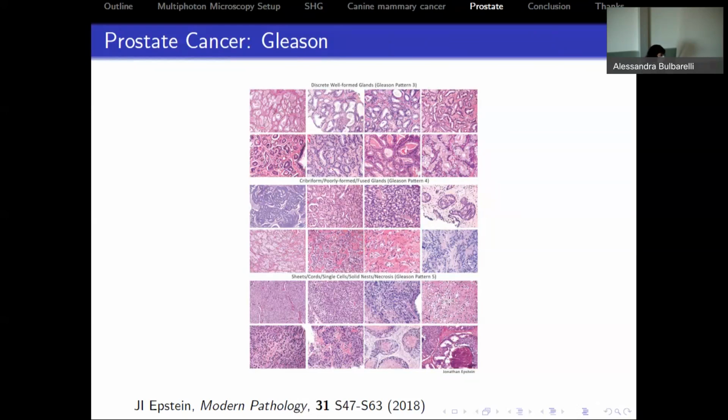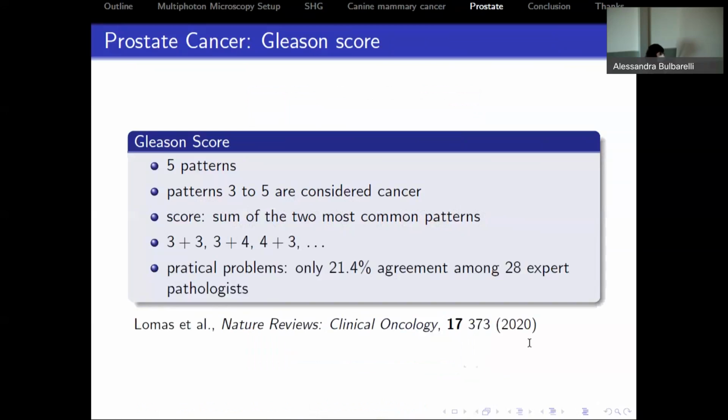The more aggressive one are the number 5. And actually, the diagnosis is given by a score, which is adding some patterns, because the final diagnosis is a sum of the 2 most common patterns.